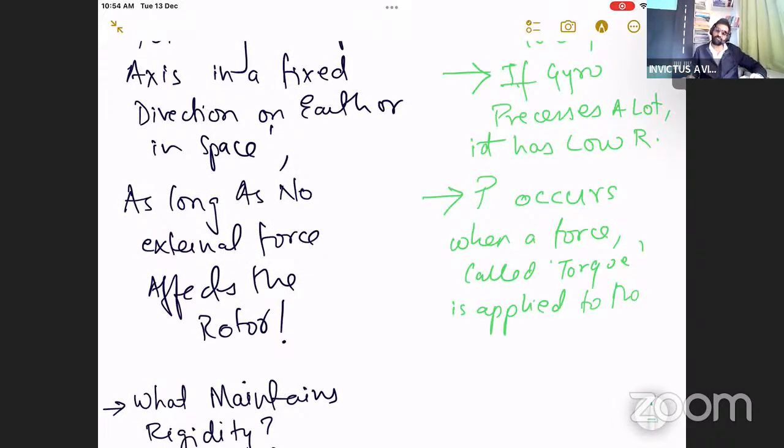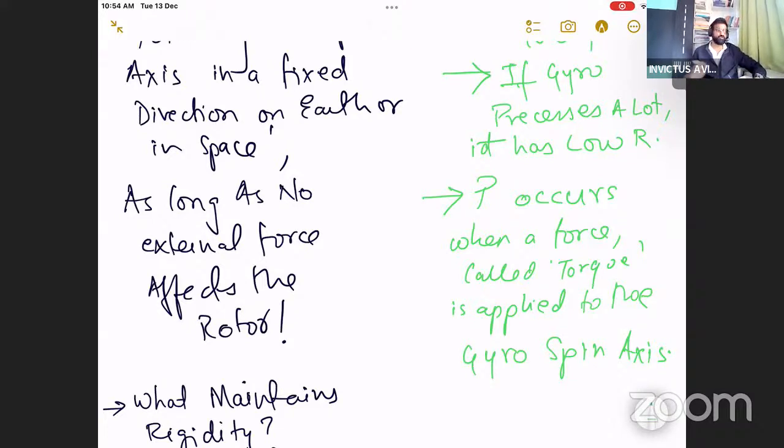Precession occurs when a force called torque is applied to the gyro spin axis.